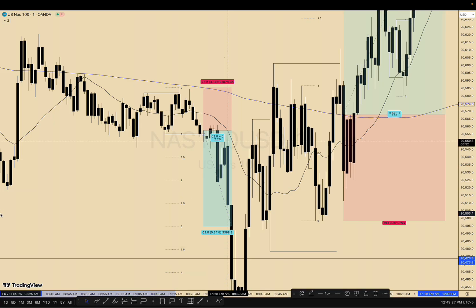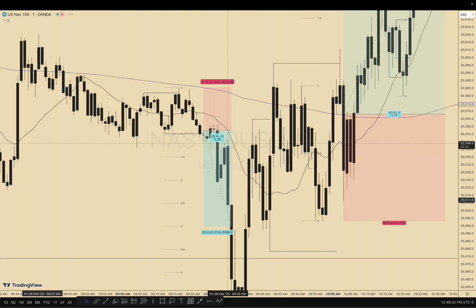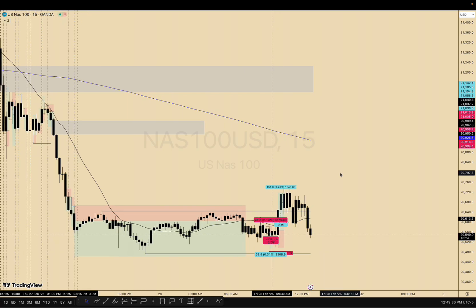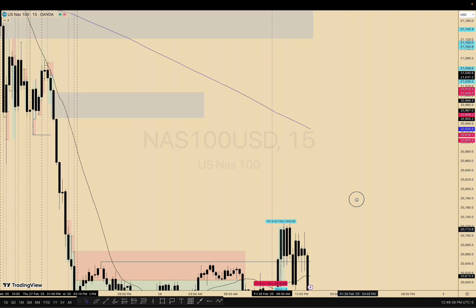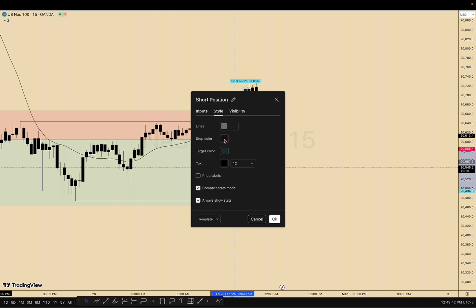After that, let's actually go to the M15 as well. So after we had that sell, I was looking for price to interact with, let's just take this off real quick.